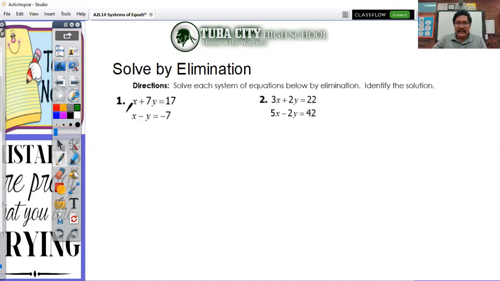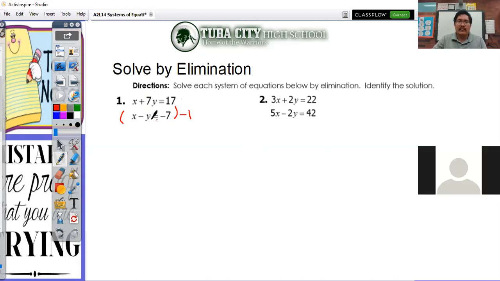Now, the thing that it says here, multiply both of them by a number. That was the second step. We're trying to get one of these to eliminate. So what I'm going to do is multiply everything by -1 for the bottom one. And why I'm doing that is because I want this x to be a negative. Since this top one is positive, this one will be negative.